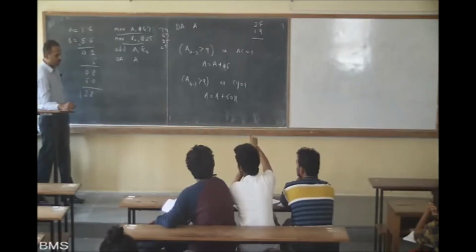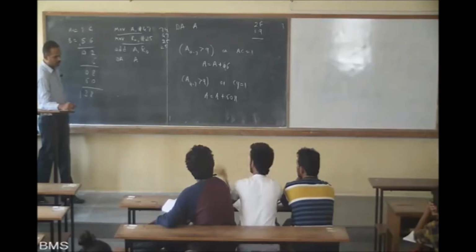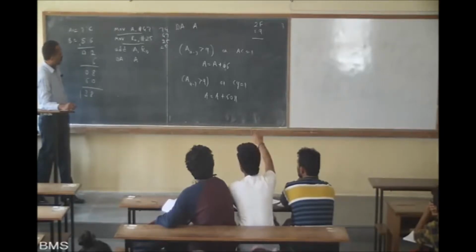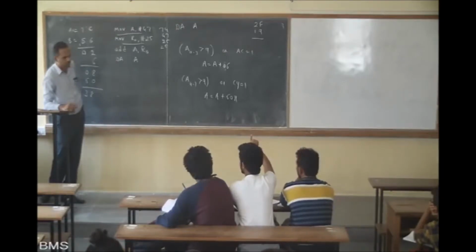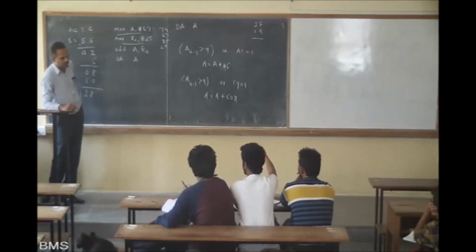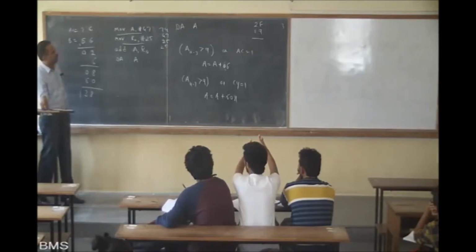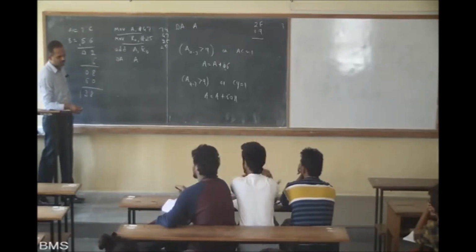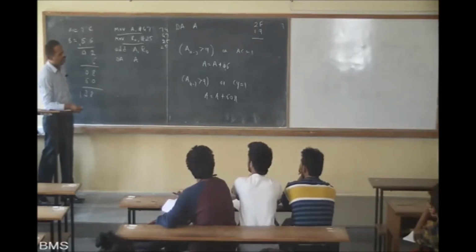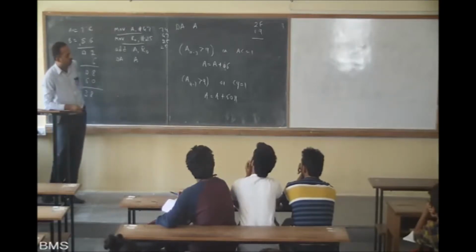So here, 12 plus 19 is 48 in hexadecimal. If you convert that to decimal, 16 plus 16 plus 16 plus 8, you get 40. Exactly. 47 plus 25. 2F plus 19. That will be 48 if you add it like this. So if you convert that to decimal, it will be 72.